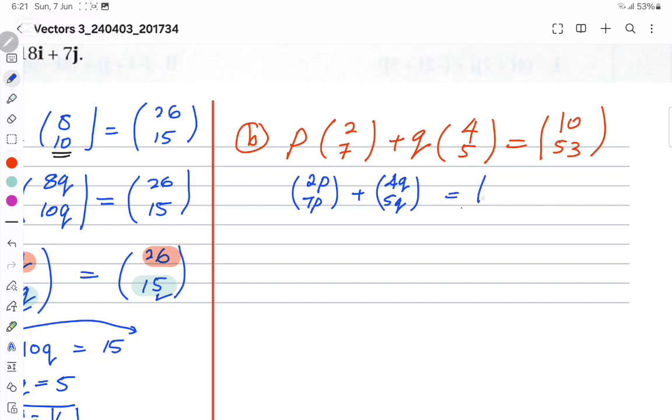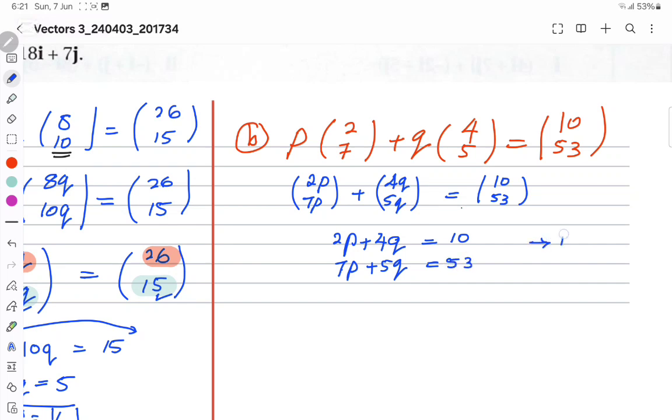All of that is equal (10, 53). Now adding I with I, it will be 2P plus 4Q is equal to 10. In the second one, 7P plus 5Q is equal to 53.